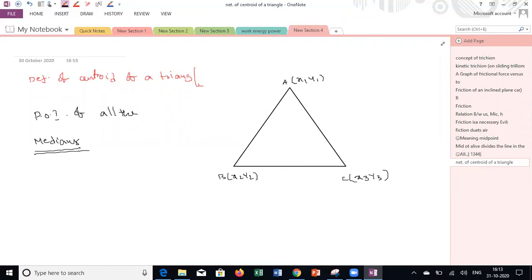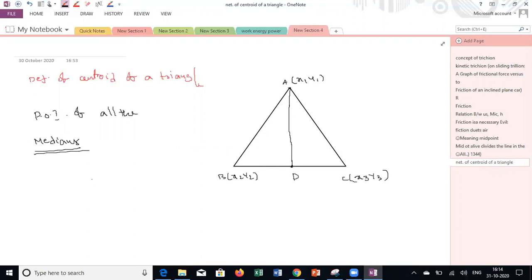A line which divides into two equal halves, sir. Correct. It is passing through the opposite vertex. It's not a perpendicular bisector. It will pass through the midpoint of BC.